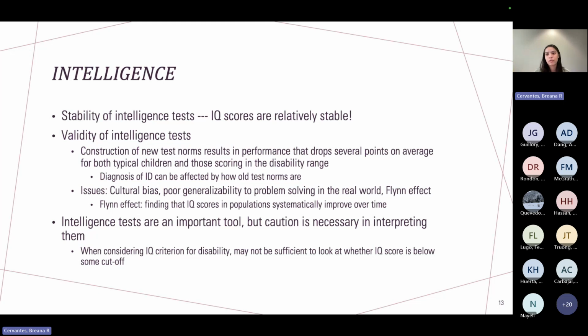And so even though you perform at an average range in childhood and you take it again when you're 17, 10 years later, and now the norms have changed because you're comparing your score to older kids, it's not going to change that much. It's not going to take you from within the normal distribution of the bell curve to suddenly all the way down to extremely low functioning unless there's something that has happened, like a TBI or something.